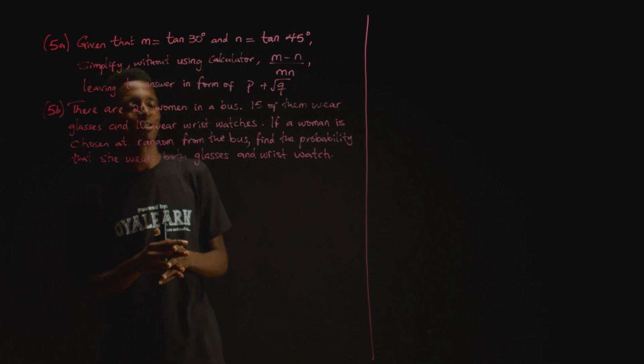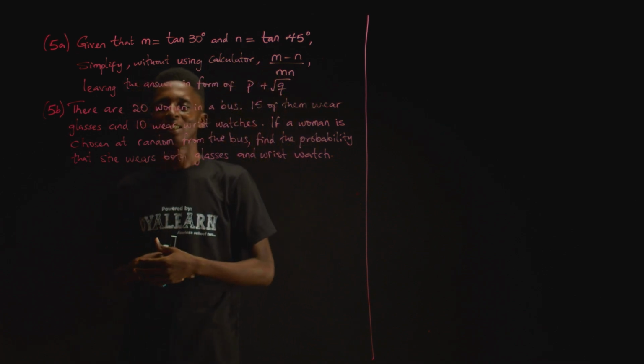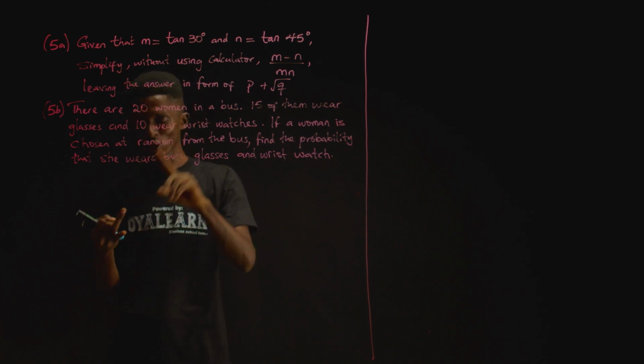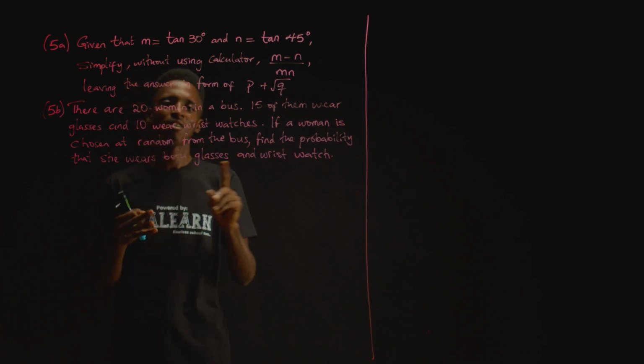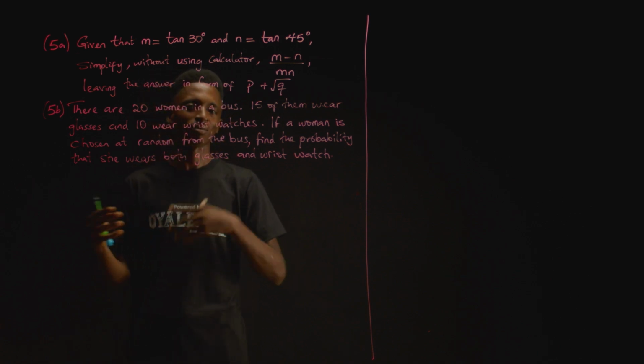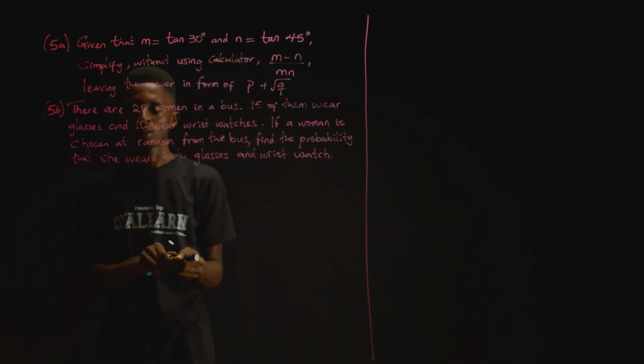So in order to solve this, we have to know the natural solutions for each of these, that is, you have to know the normal angles, that is for 0, for 30, for 45, 60, and then 90. Now, there's an easy chart that you can use for that, but let's work with what we have here.